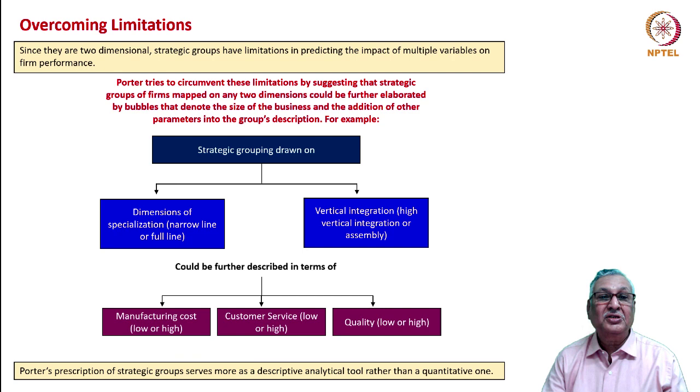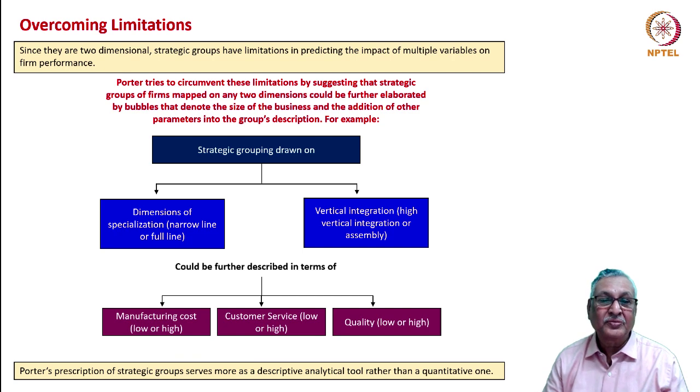Since they are two-dimensional, strategic groups do have limitations in predicting the impact of multiple variables on firm performance. We try to circumvent these limitations by suggesting that strategic groups of firms mapped on any two dimensions could be further elaborated by bubbles that denote the size of the business and the addition of other parameters into the group's description.